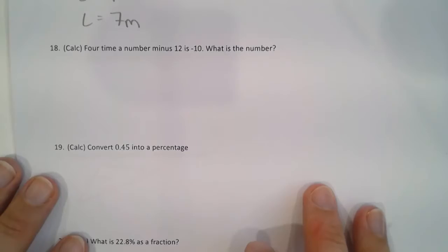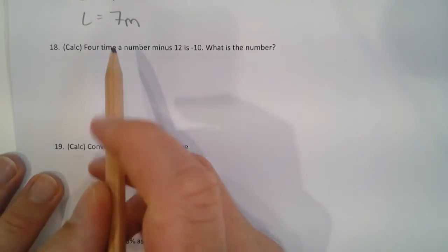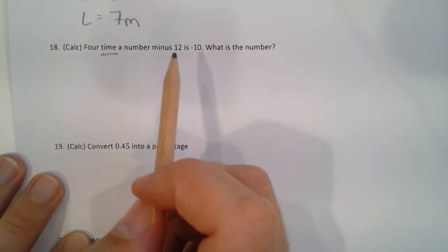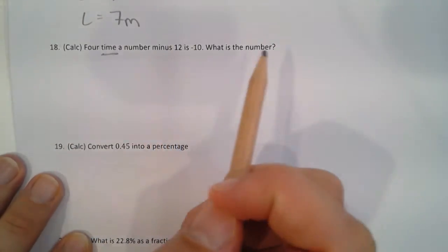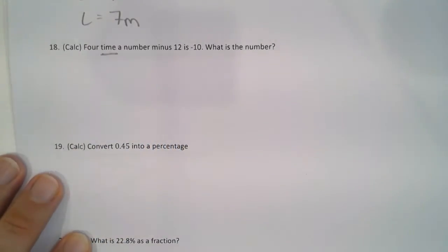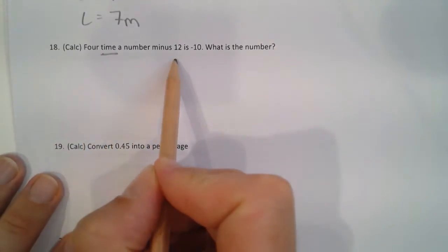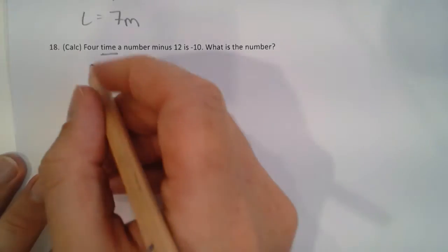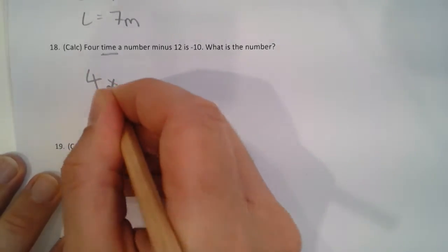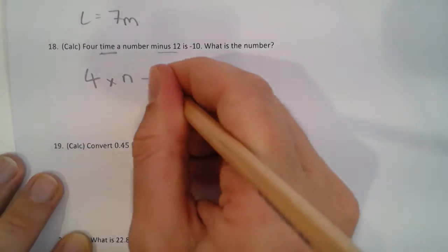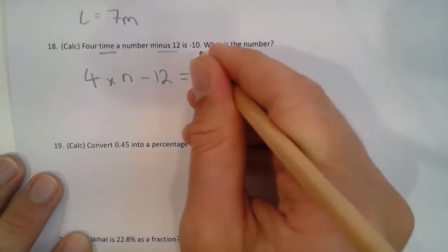Alright, 18. 4 times a number minus 12 is minus 10. What is the number? Let me read that again. 4 times a number, let's just call it n, minus 12 is minus 10.